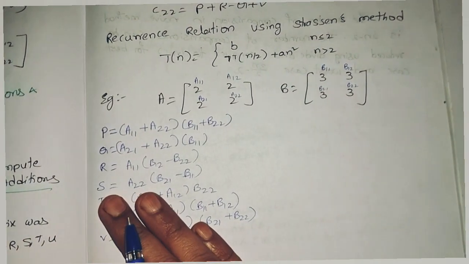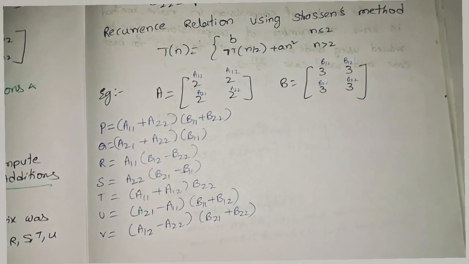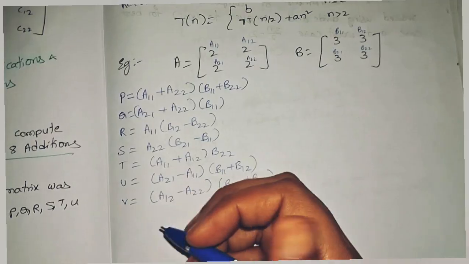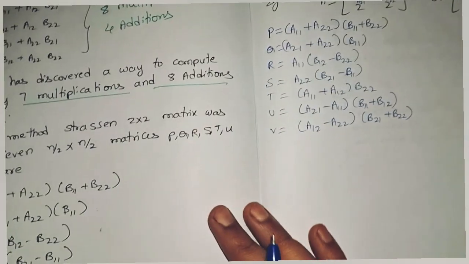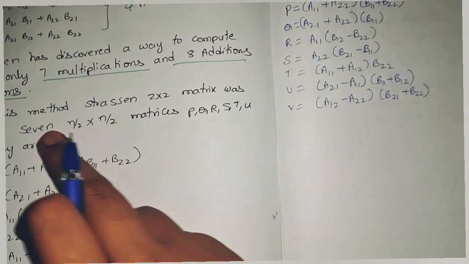So we are considering the 7 formulas of Strassen's matrix multiplication for performing the product of two matrices of n by 2 and n by 2 order. Okay. So we are considering these formulas here.